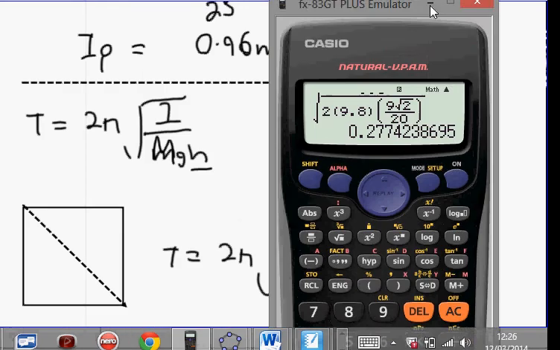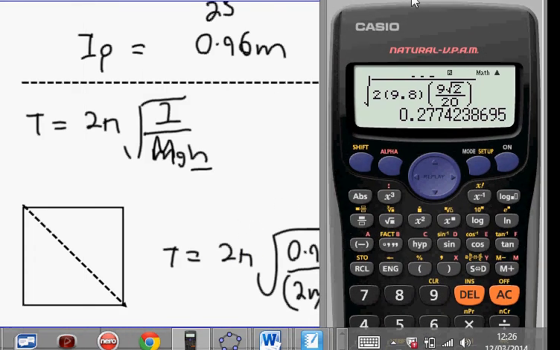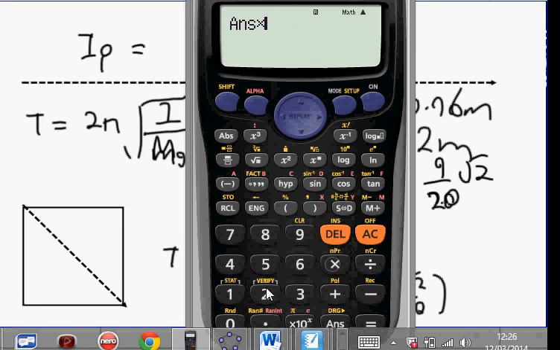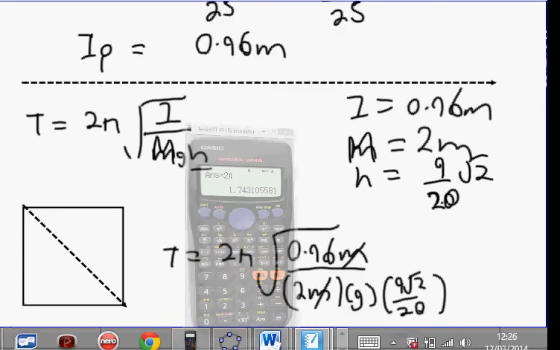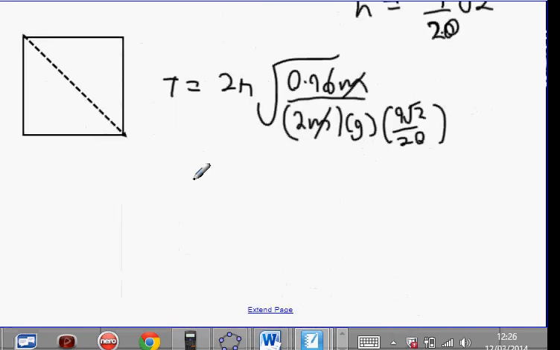Now we have to multiply this 0.27 by 2 pi, so we multiply by 2 pi, and we get the period, which is going to be 1.743 seconds. Now we'll see if they want to round it off.